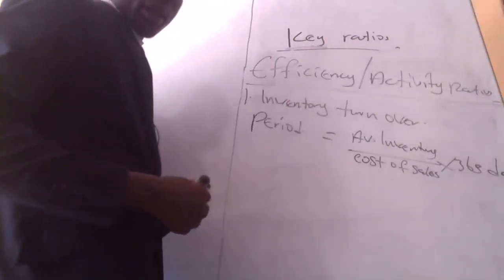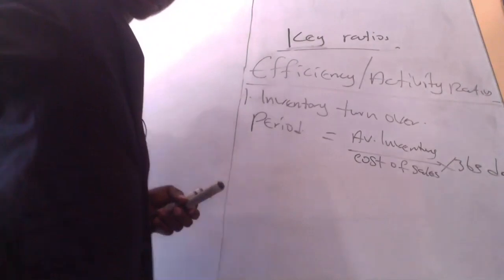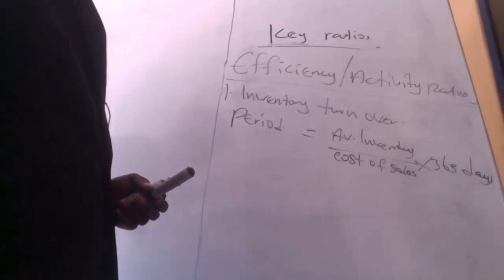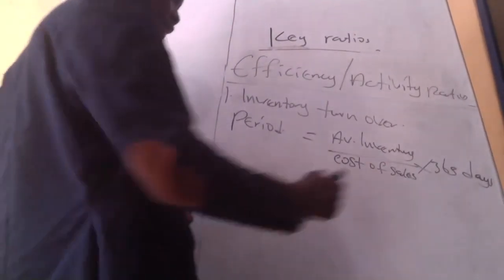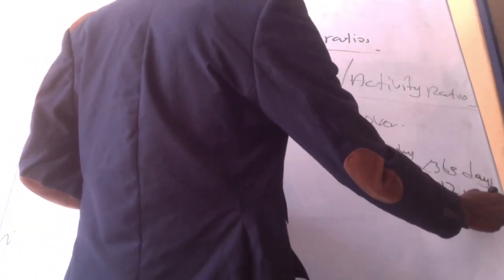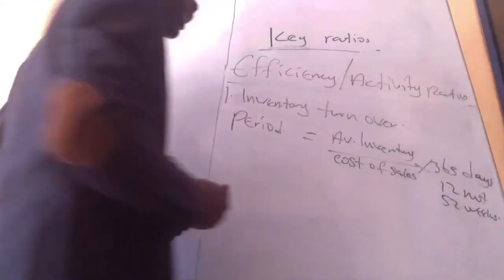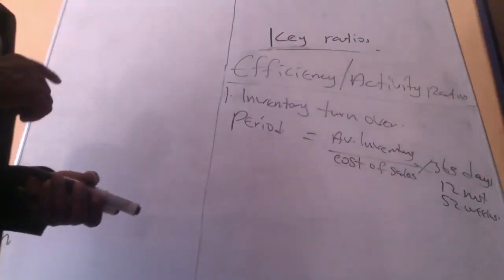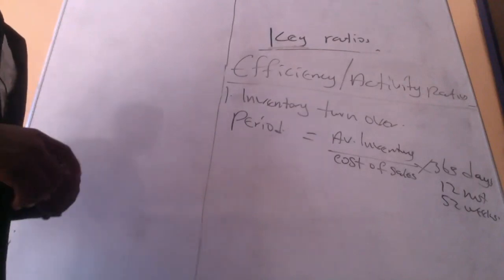Now the period can be in days, it can be in 12 months, it can be in 52 weeks, and many more. So take note for us. That's the period.